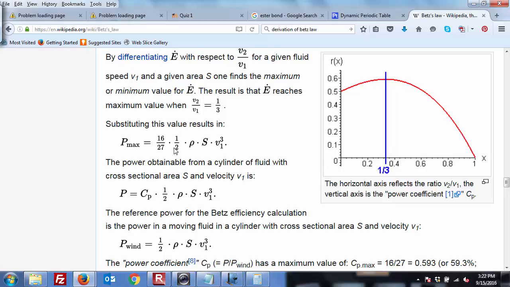the energy equation turned into a power equation. So there's that density again that we just saw in our energy equation, and now this velocity cubed. Really all we've done here, that S is area. It's got dimensions of length squared. This V still has the same dimensions it had before, length over time.